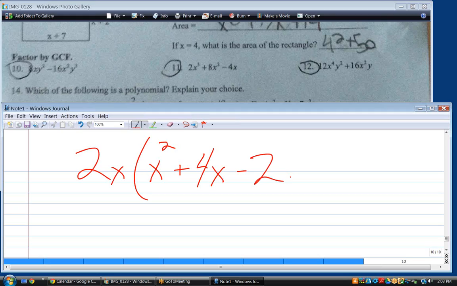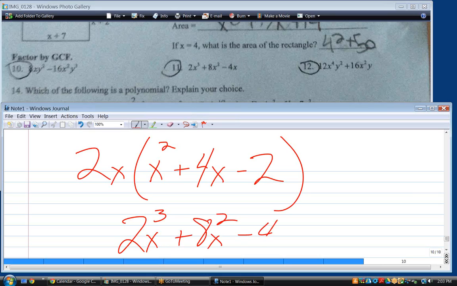Minus just 2. Now, check that to make sure that it is the same as that. In other words, when we multiply this thing back together again, we get 2x cubed plus 8x squared minus 4x. Is that the same? It is. So that's always a step you want to take, because that'll pick up any mistakes you've made.